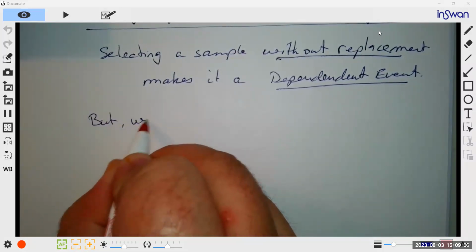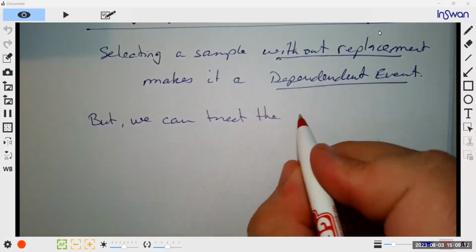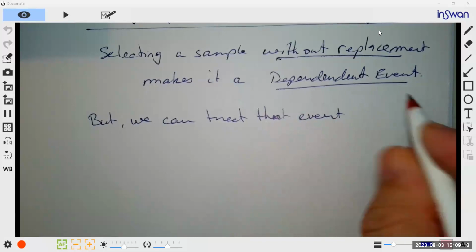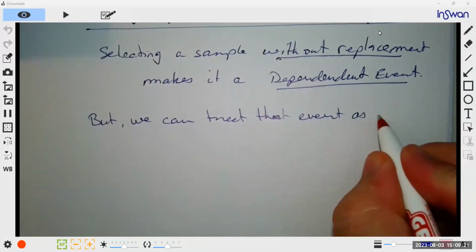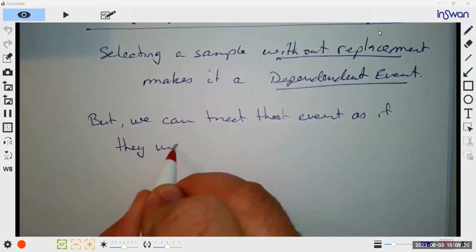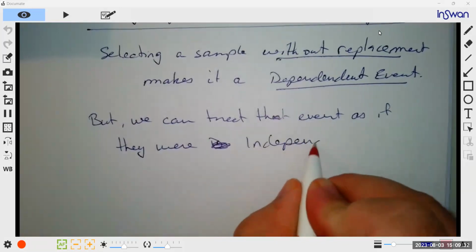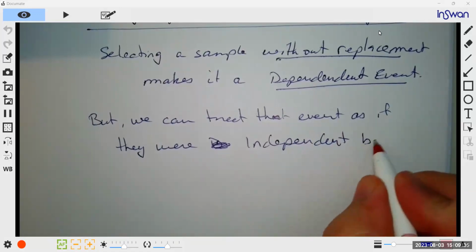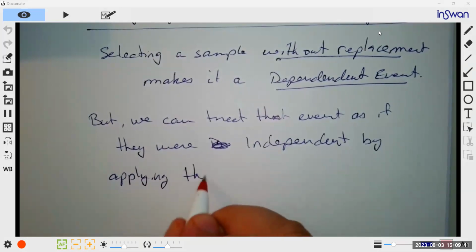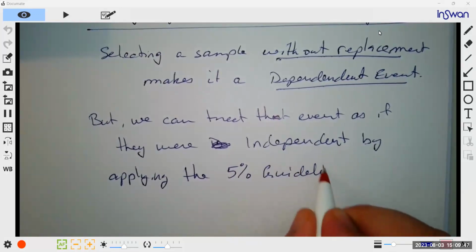But we can treat that event as if they were independent, by applying the 5% guideline.